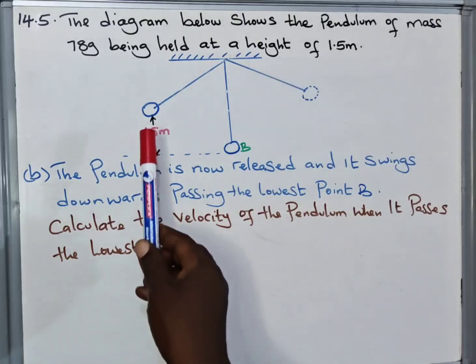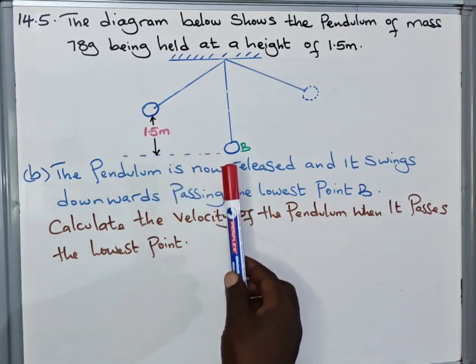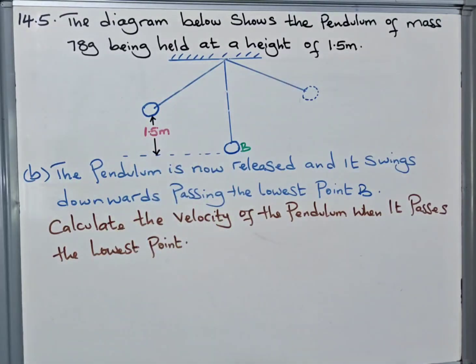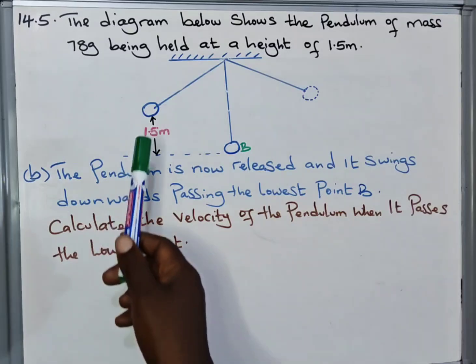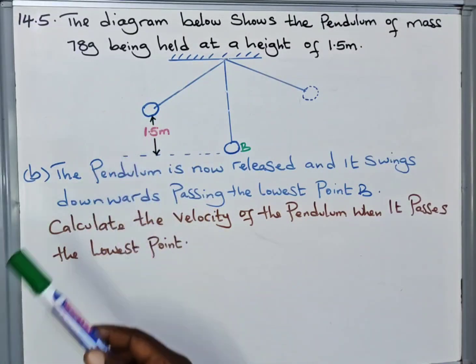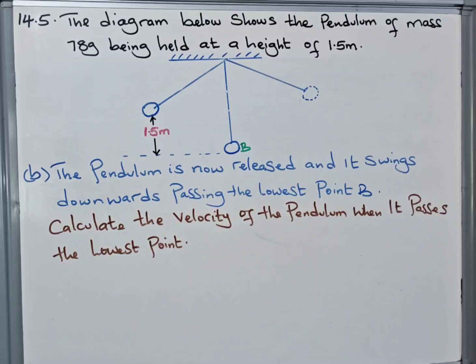Lowest point implies that the pendulum has fallen. So this is similar to when an object is held upwards and it is released. So what do we do here? We have to know that mechanical energy is conserved.